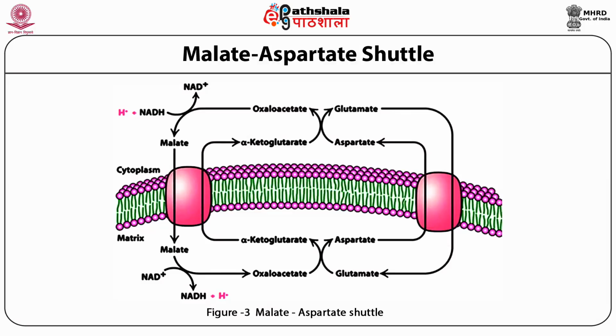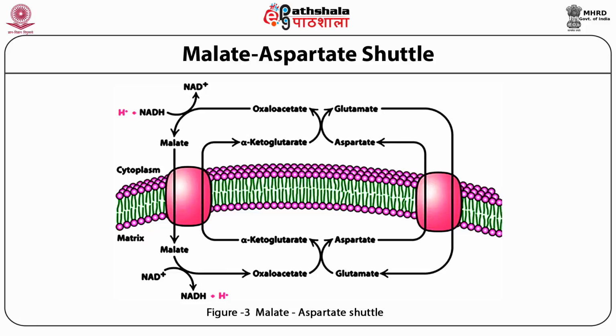The following figure shows the malate-aspartate shuttle. The malate-aspartate shuttle is a biochemical system for translocating electrons produced during glycolysis across the semi-permeable inner membrane of the mitochondria for oxidative phosphorylation in eukaryotes.